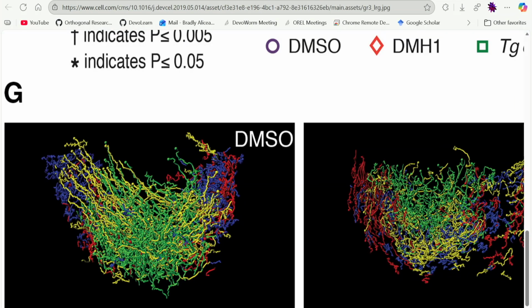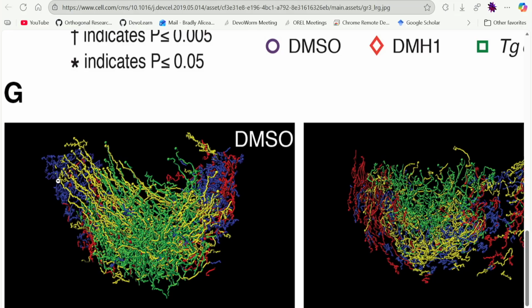So if we look at this figure here, they're looking at the cell tracks, but they're looking at their displacement in anatomical space. So if you're going in different directions, there's a greater displacement.